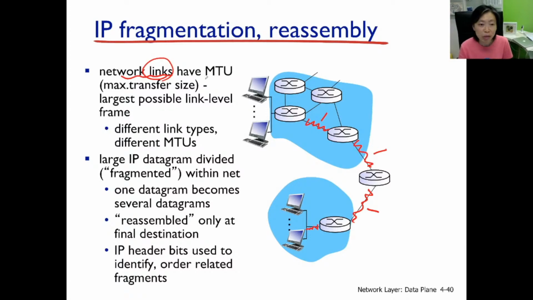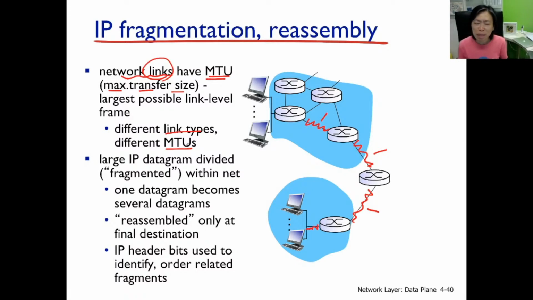In those protocols, they might have different MTUs defined. This is the maximum transfer size, essentially the maximum packet size at the link layer. So different link types, different MTUs. Some of these MTUs can be smaller than the IP datagram size. In this case, we need to break the IP datagrams into smaller parts before passing them to the link layer.